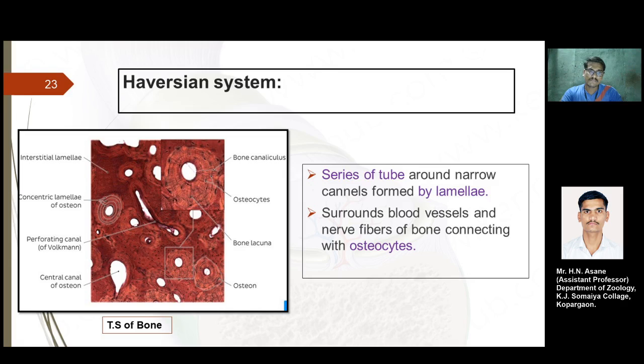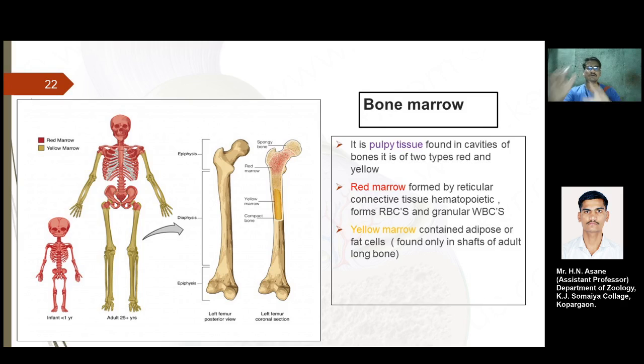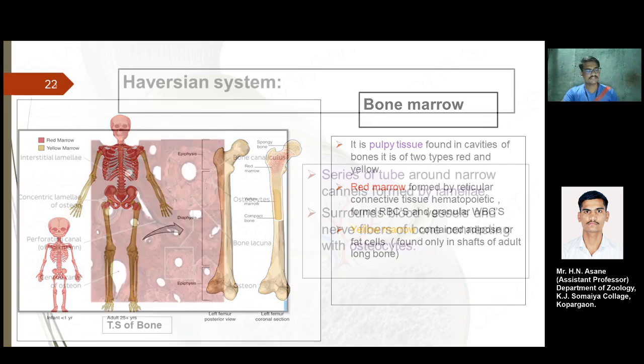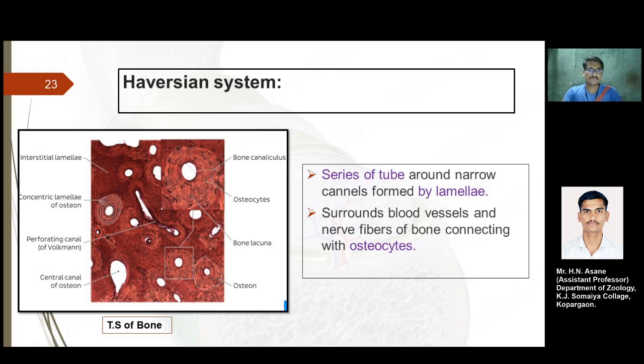Let's see the Haversian system. It is nothing but the long canals formed in the long bone of the femur. These are taken in a vertical section like this. Instead of this, the transverse section is taken, and one transverse section is seen here.